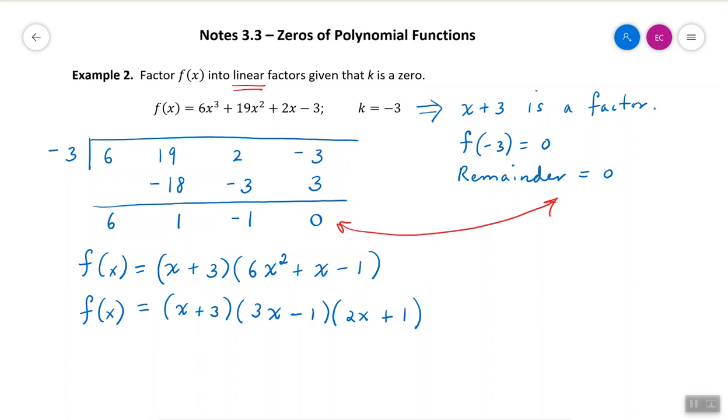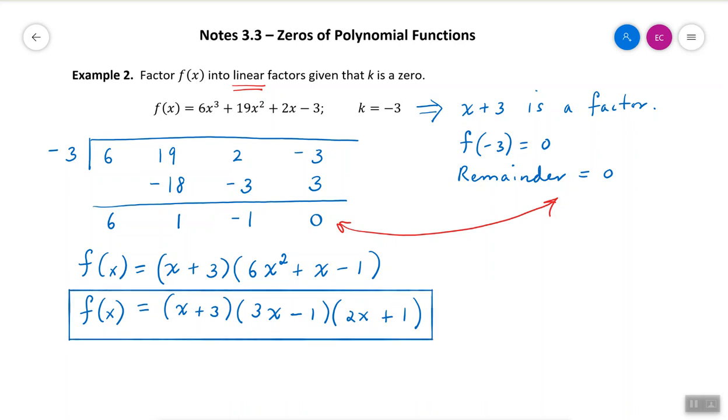Take your time to verify that those factors are correct. And that's all we're asked for in this problem. Find the linear factors. So that's the answer. It might be nice to go one step further and find the zeros.